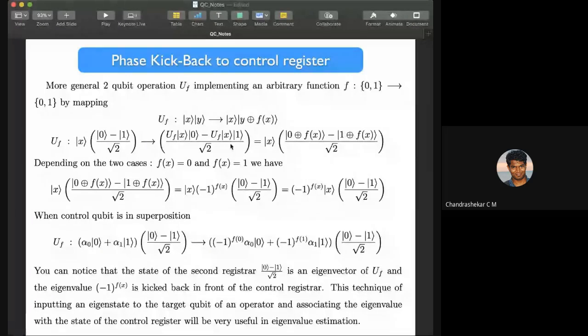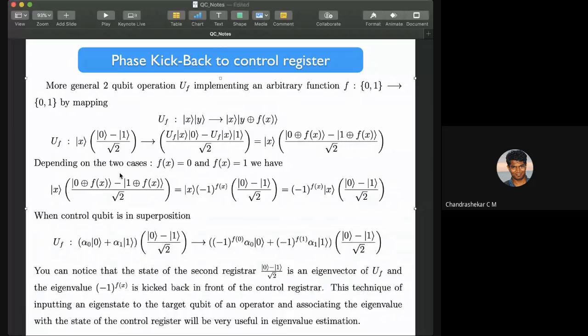It takes this form. I mean, you are rewriting them as an operator on the combined system. So it can be 0 plus f of x, where f of x can be a flip or a control NOT or whatever operation you define, and then again the general form here. Depending on the two cases, f of x can be 0 or f of x can be 1. So it's an operation, but still the effective output of that operation becomes 0 or 1. So it means that it will be addition modulo 0 or addition modulo 1, right?